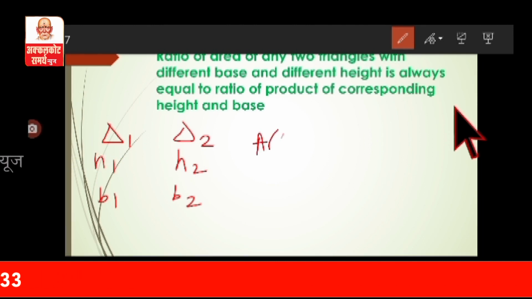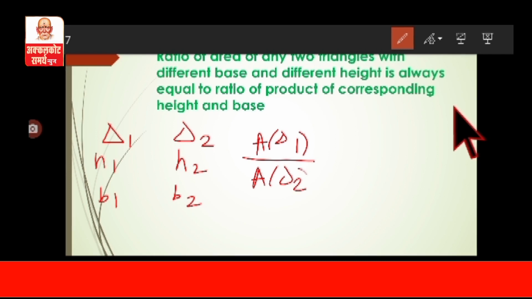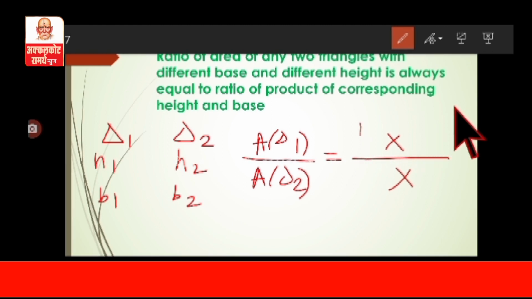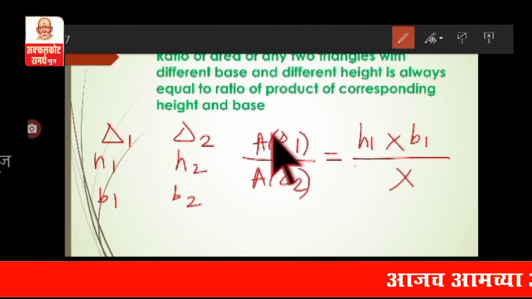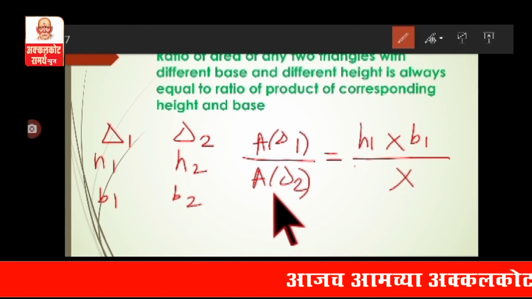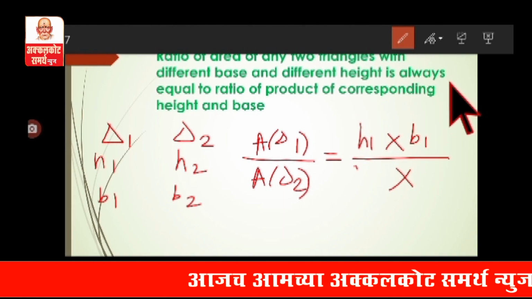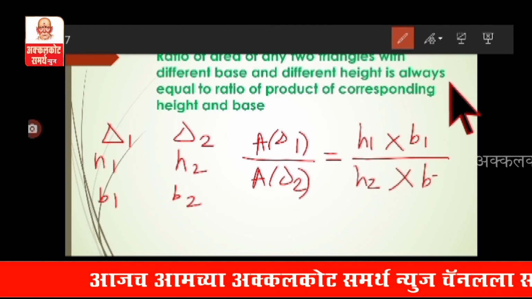That is, ratio of areas of any two triangles is equal to ratio of product of their corresponding heights and bases. So here this is triangle 1, so h1 b1. Now triangle 2, so h2 b2.